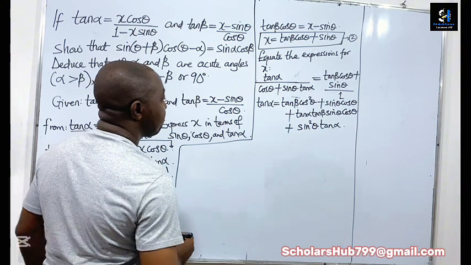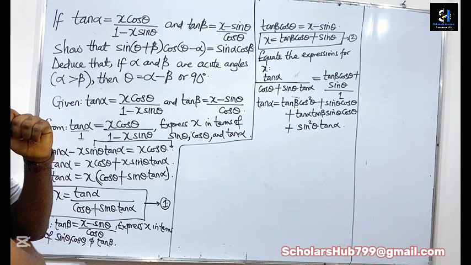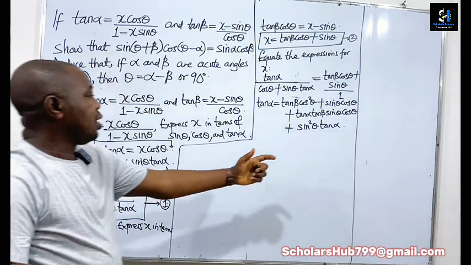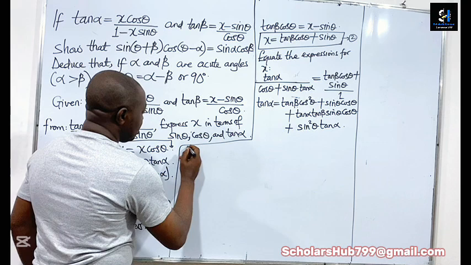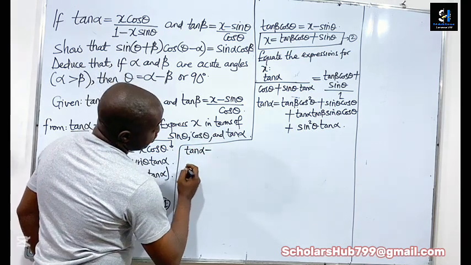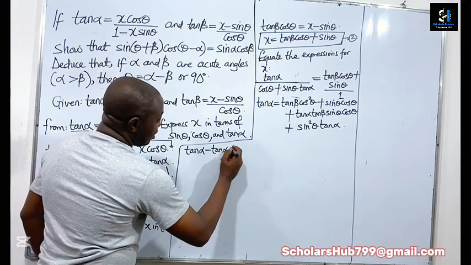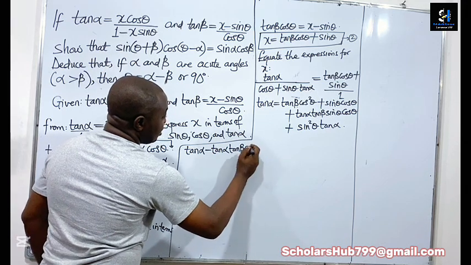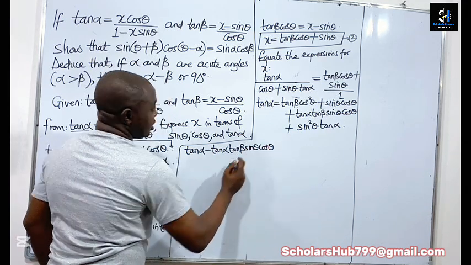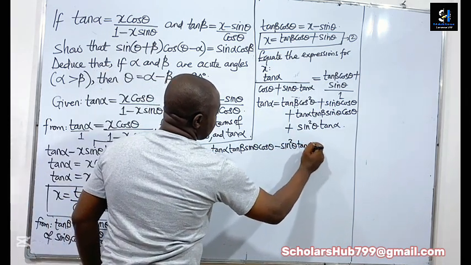Now let me carry this term and this term over to the left hand side so that we have tan alpha minus tan alpha tan beta sin theta cos theta, then minus sin squared theta tan alpha.